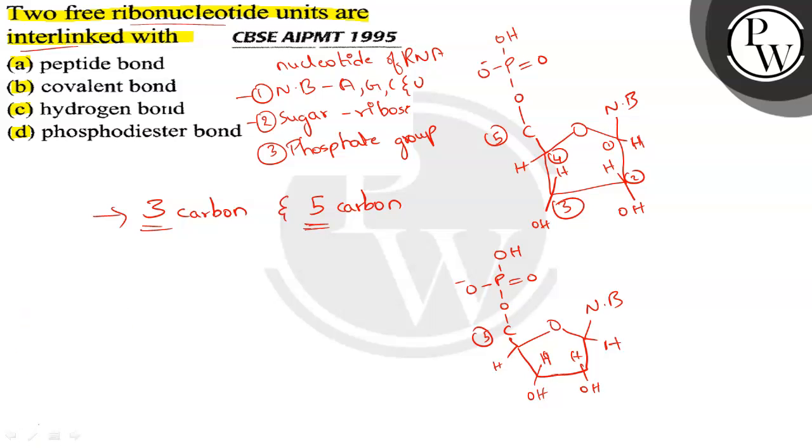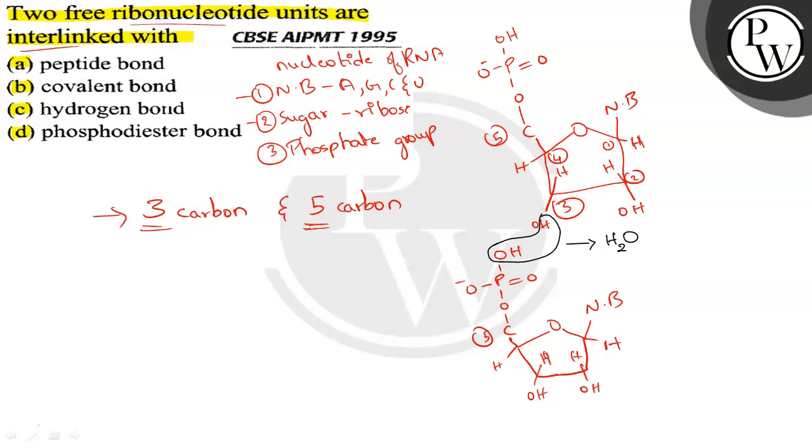So in this nucleotide, the third carbon is there. Now the hydrogen here and the OH group of the phosphate of the fifth carbon, these two together come out in the form of H2O.